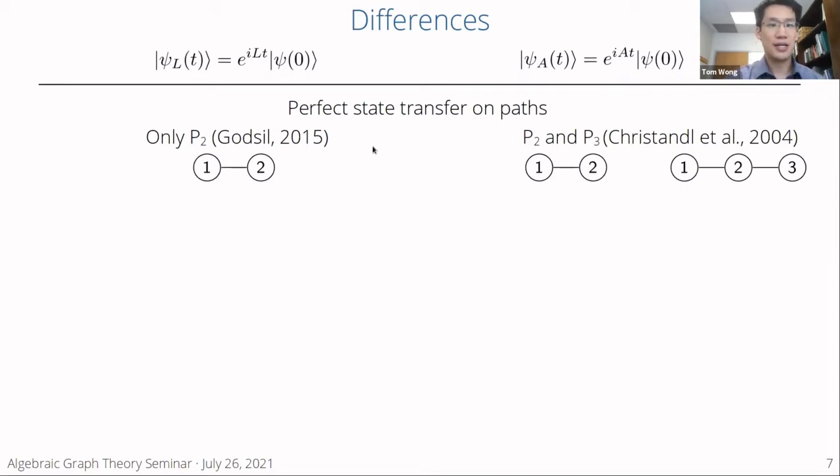Whatever your Hamiltonian is, it has to be Hermitian, meaning that it's equal to its conjugate transpose. And if it's Hermitian, then e to the i times that Hermitian matrix times t, this exponential will be unitary. So the condition is that the Hamiltonian needs to be Hermitian so that this exponential is unitary.